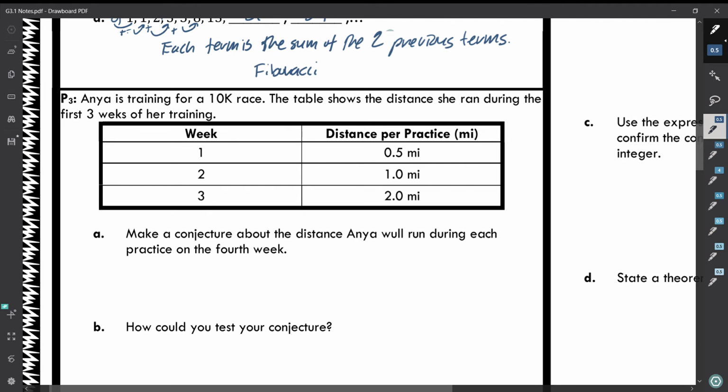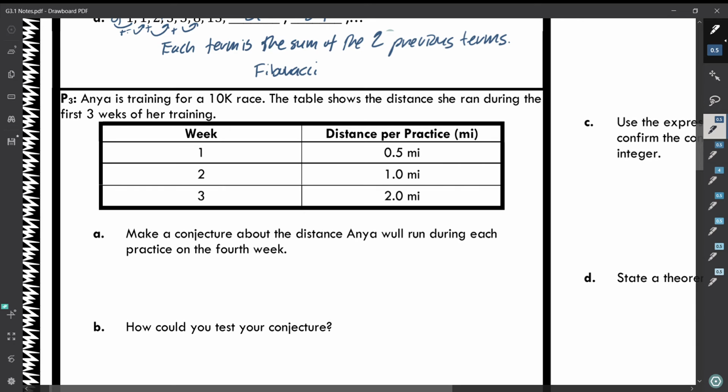Anya is training for a 10K race. The table shows the distance she ran during the first 3 weeks of her training. The problem wants us to make a conjecture about the distance Anya will run during each practice on the 4th week. So first, let's remember we're doing inductive reasoning, so we're using stuff we know already that has been our evidence so far.